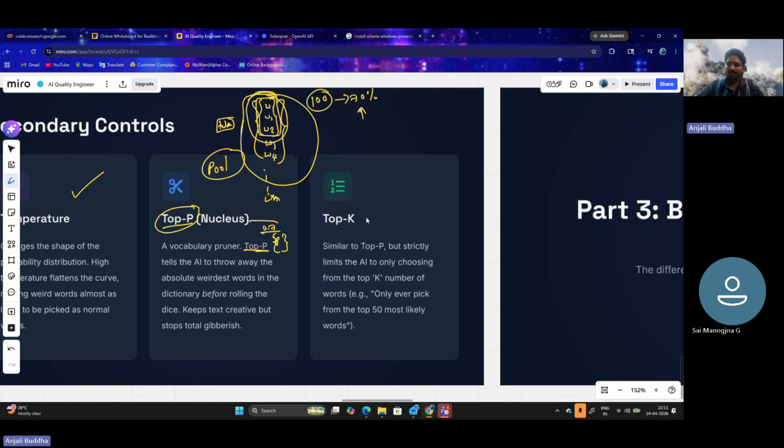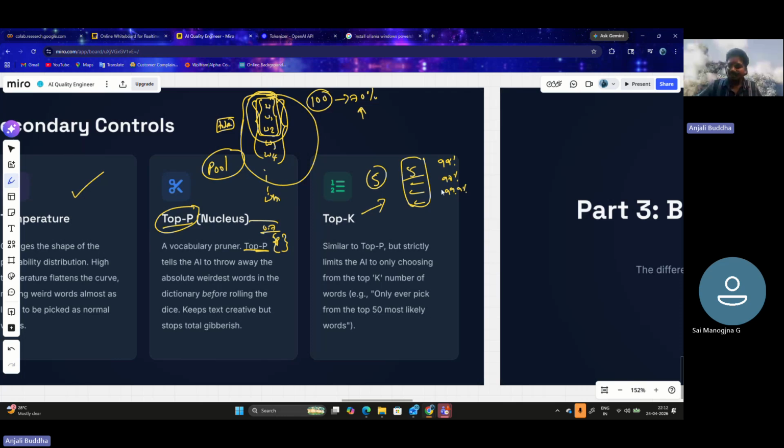So what top K does is, unlike pooling here, let's say K is given as 5. Only the top 5 probabilities could be selected here. It could be 99%, 98%, or 99.9%, all this. Only the top 5 could be chosen.